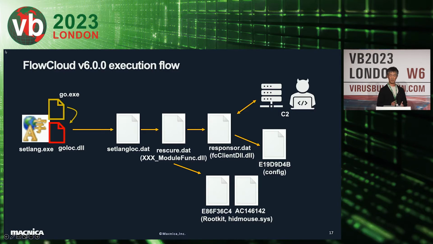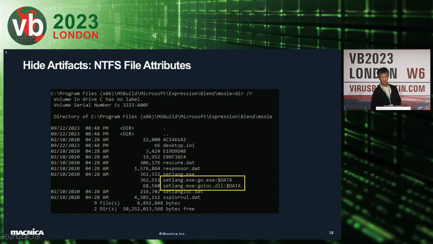The created service runs not setrun.exe, but GoExe embedded in the ADS of setrun.exe. And the subsequent steps remain unchanged. So maybe this is to circumvent some process monitoring security solution like EDR. And as I mentioned, GoExe and GoLogDLL are embedded in the ADS of setrun.exe.